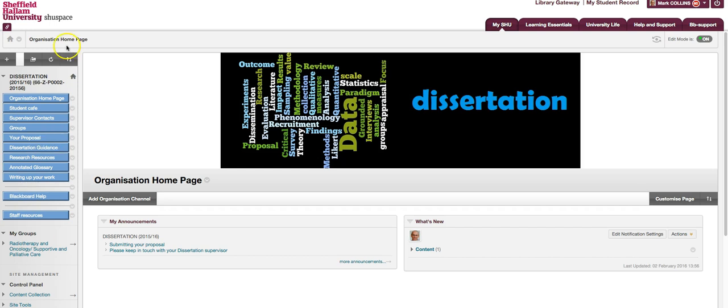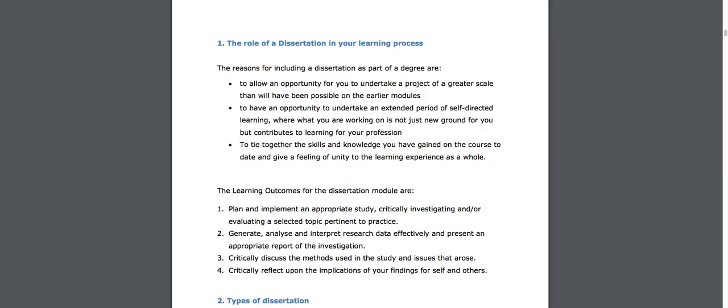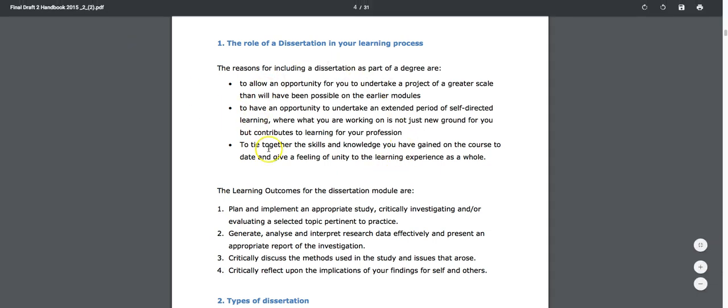Before we go any further in terms of looking at the various sections, I thought it's worth having a think about what the dissertation process is about. So this is the module handbook, and I'll show you how to find this in a moment. This is really what we're looking to achieve over the next year.